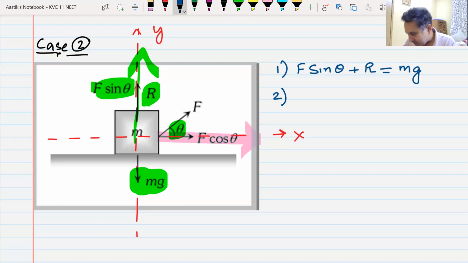Can you now tell me what is the equation along x-axis? It has to move along x-axis. Its acceleration is going to be a.